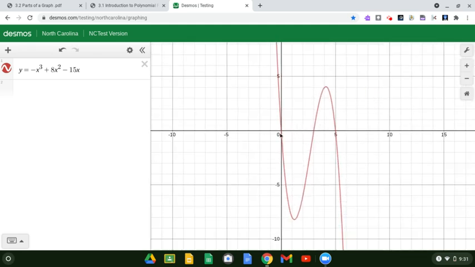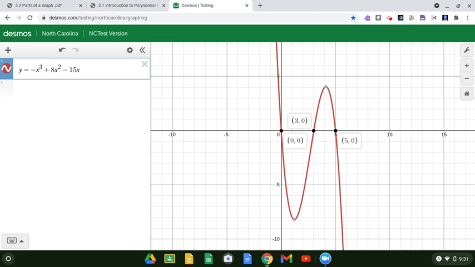Our x-intercepts, or our zeros: I have it intersecting at (0, 0), (3, 0), and (5, 0). It's a third degree, or a cubic. There are 3 distinct zeros. They all have multiplicities of 1 because they intersect through the x-axis.